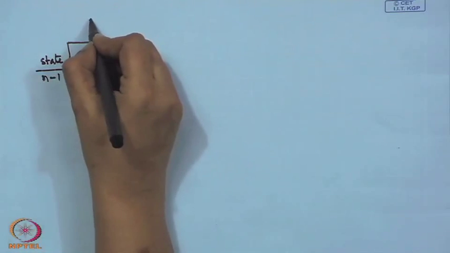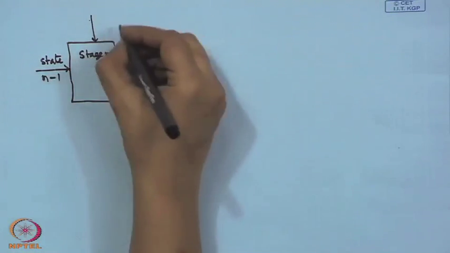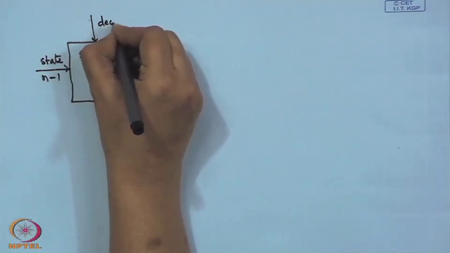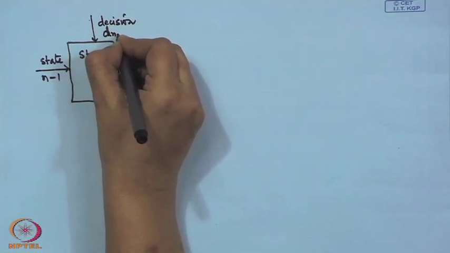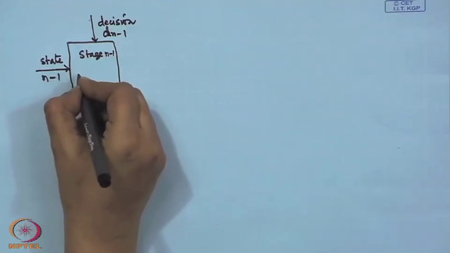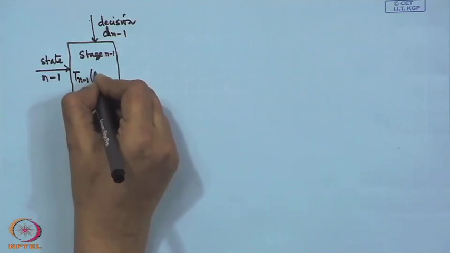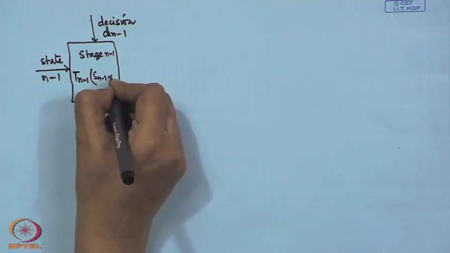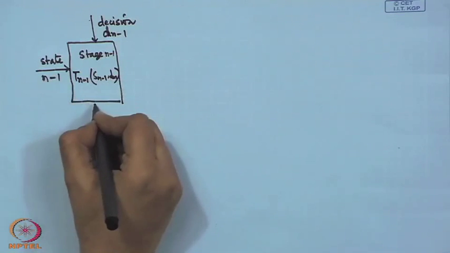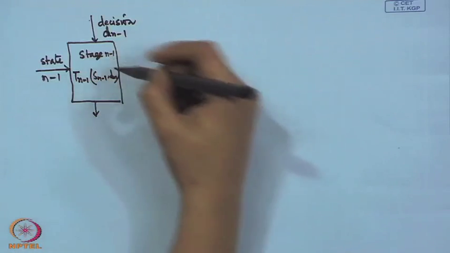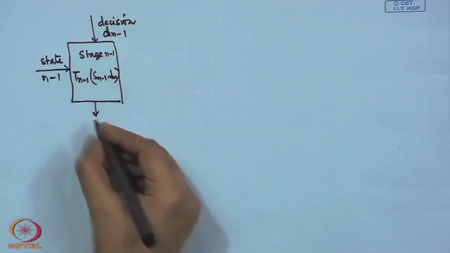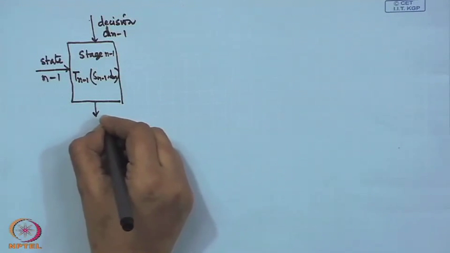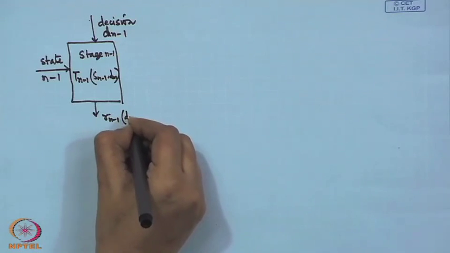If I consider the n minus 1th state and the corresponding decision d n minus 1, then the state transformation equation is a function of s n minus 1 and d n minus 1. From this stage, if the state is n minus 1, there are several decisions, and then we can have the immediate return, that is r n minus 1 (d n minus 1).